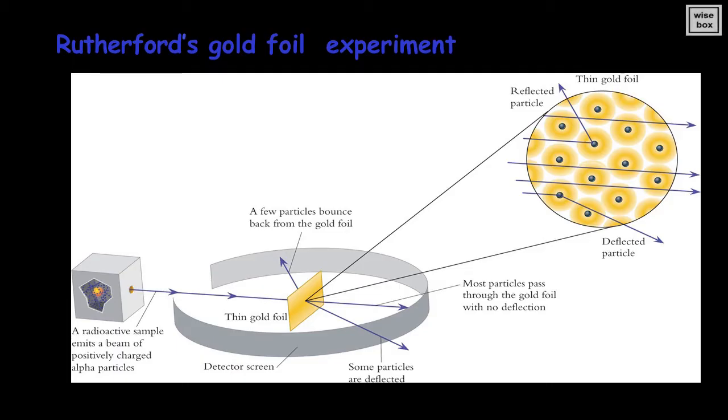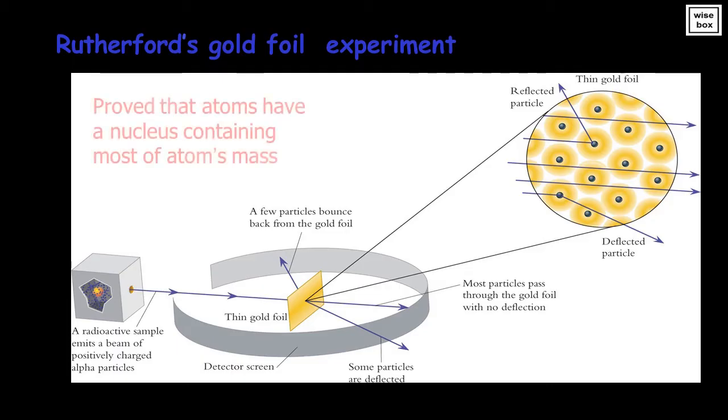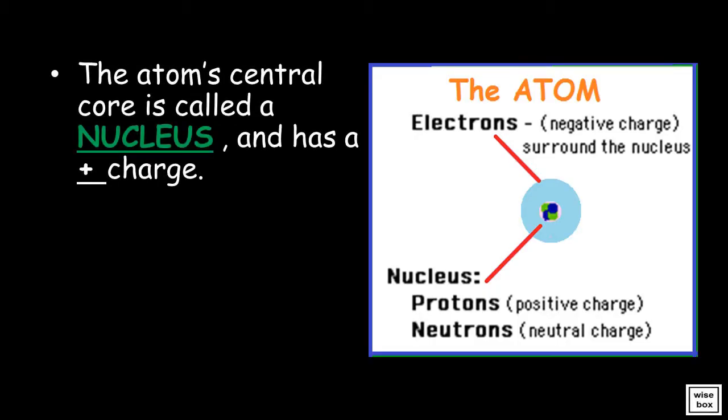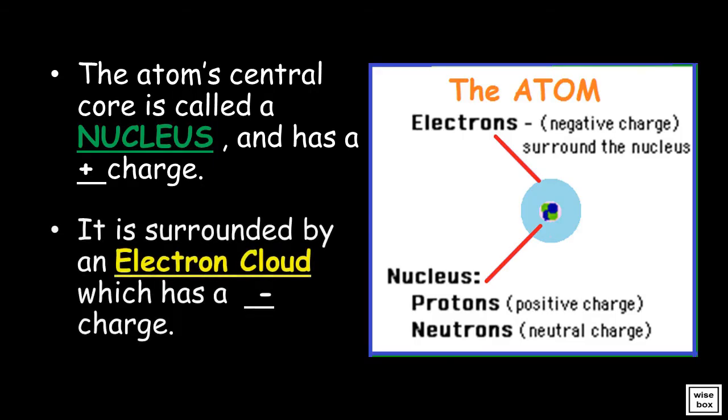Rutherford's gold foil experiment proved the existence of the nucleus, which contains most of the atom's mass. The atom's central core, called a nucleus, has a positive charge. It is surrounded by an electron cloud which has a negative charge.